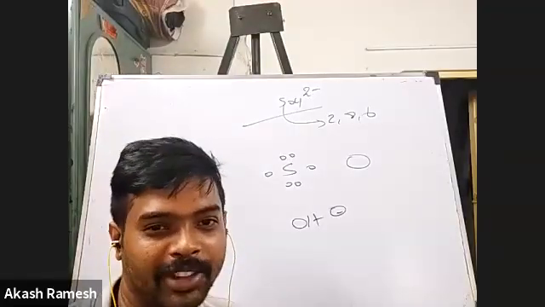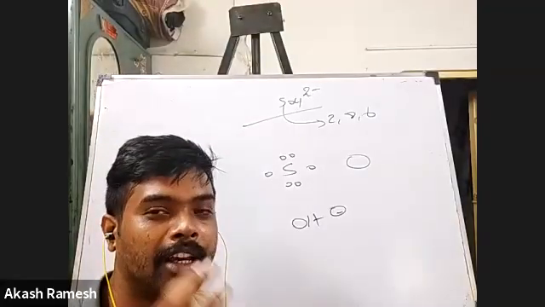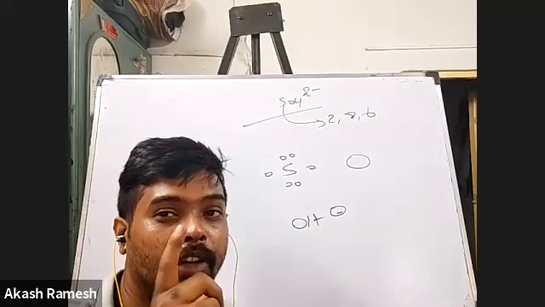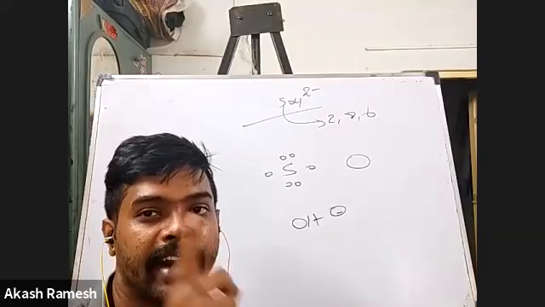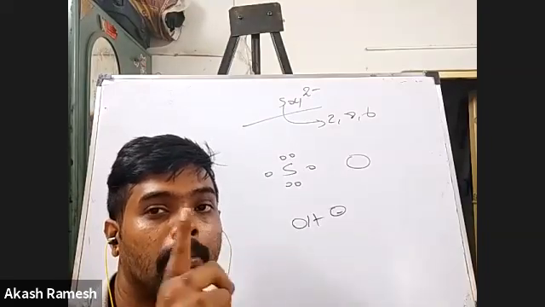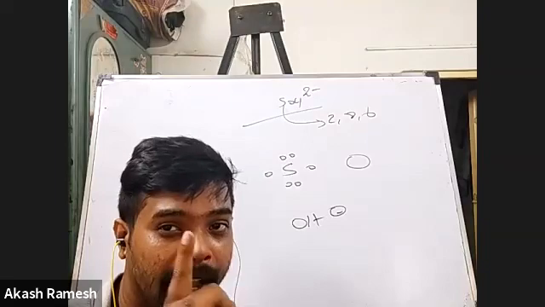So that you can understand, duplet or octet is not for this. Whenever you have a polyatomic ion, the negative charge goes to the more electronegative element.